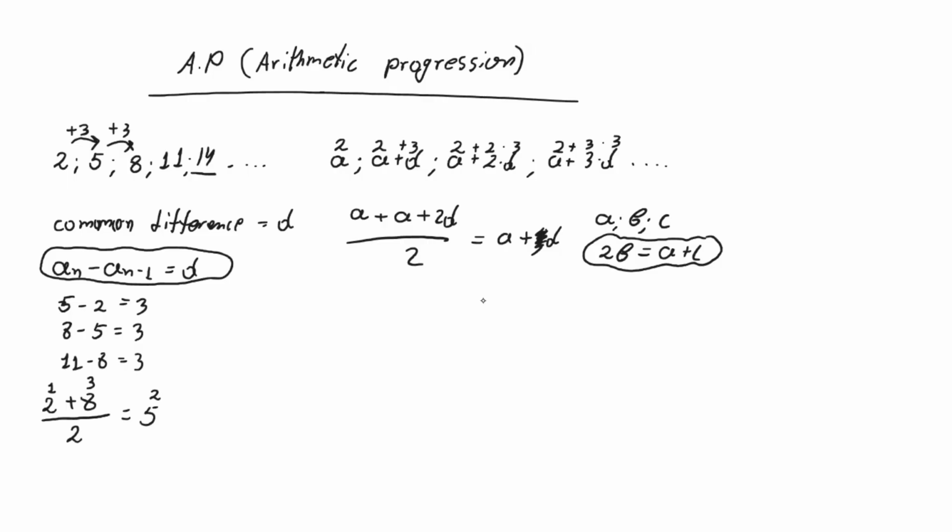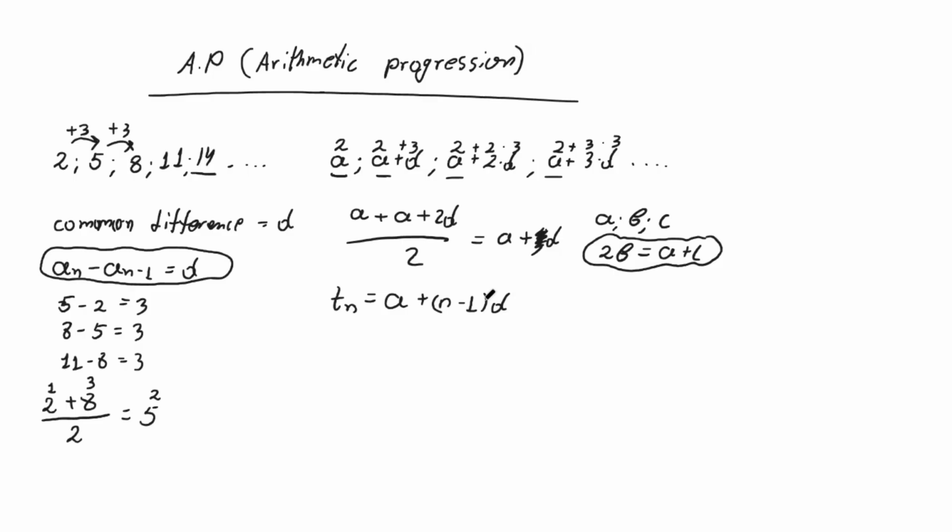If you look closely at this sequence, everywhere we have a, and if we write that t sub n equals a plus something, this something would be the difference times n minus 1.